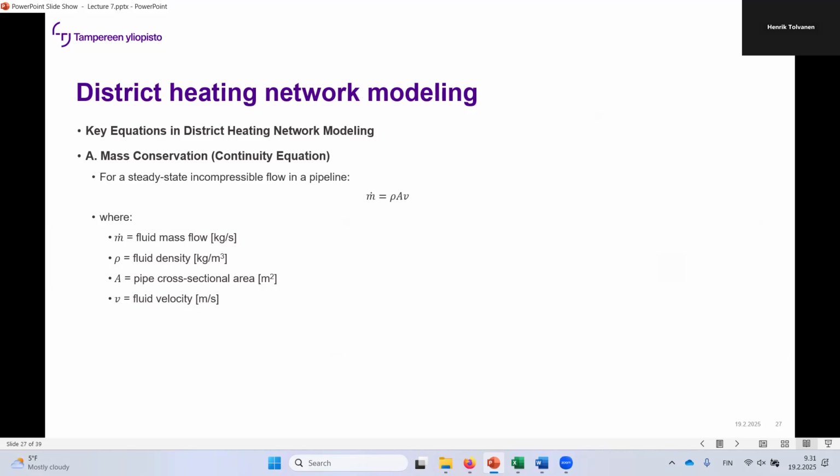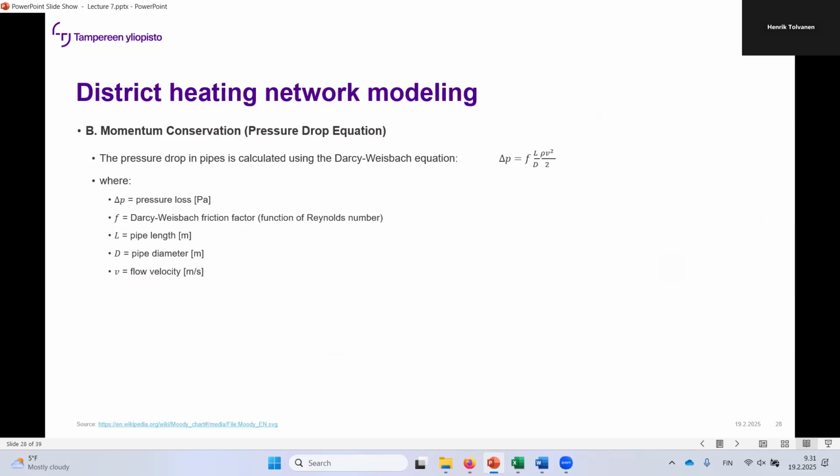It's 40 centimeters or 0.4 meters in diameter. You have a certain flow, and the density can usually be said to be close to 1,000, and you can use, for example, XSteam to calculate it. So based on that, you get the velocity. And for multiple branches and junctions, you can make this m in equals m out.